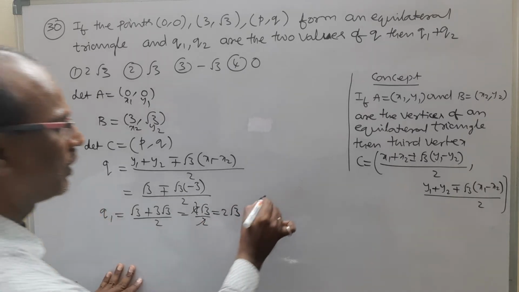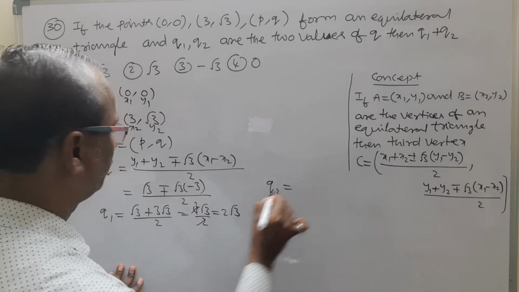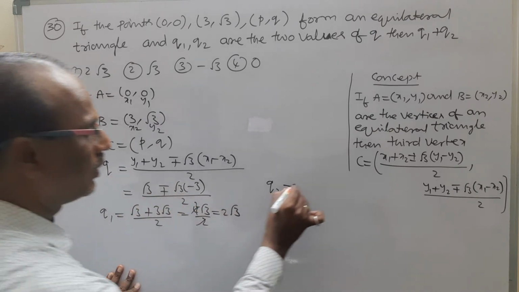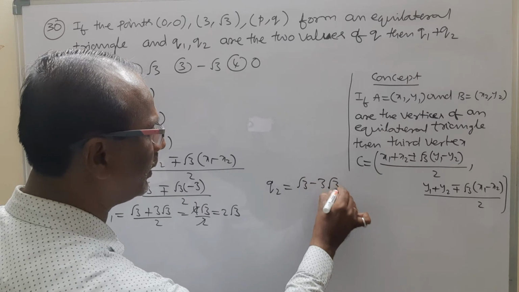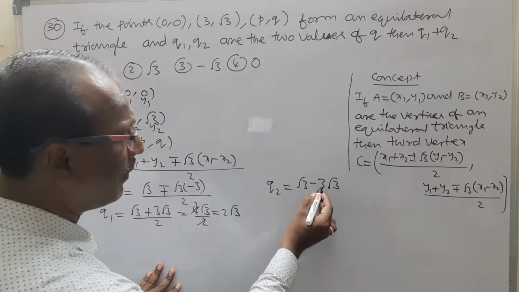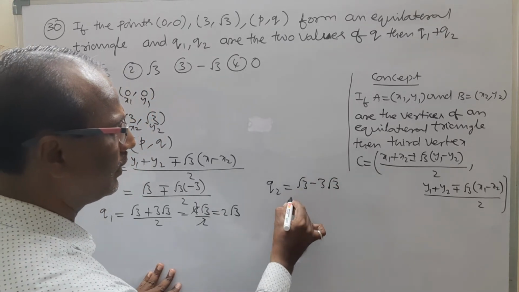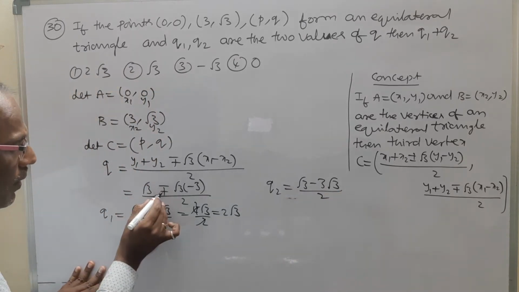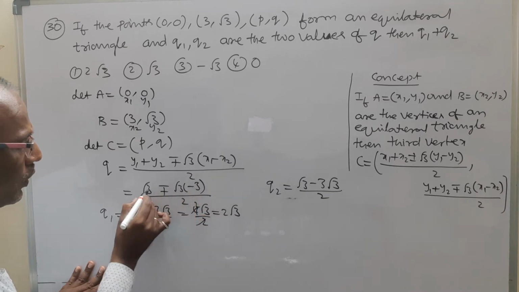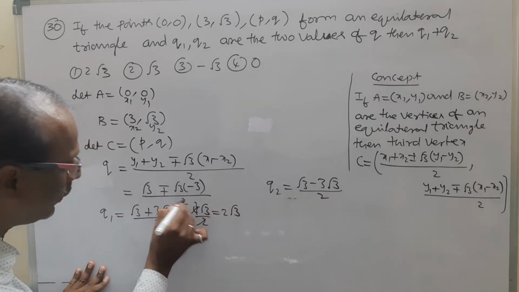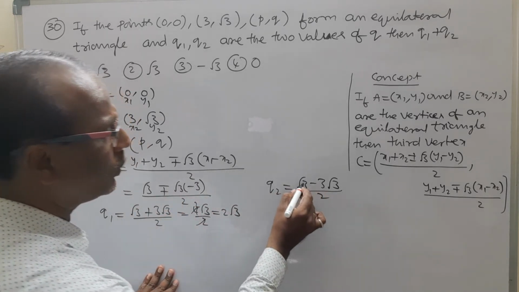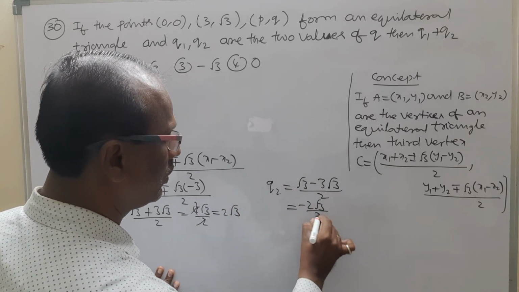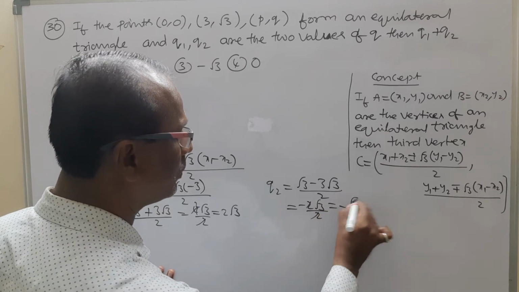This is q1. q2 equal to root 3 minus 3 root 3 by 2, that is minus 3 root 3 plus root 3, which is minus 2 root 3 by 2. The 2 gets cancelled, so minus root 3.